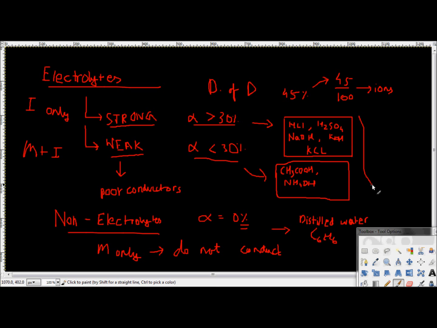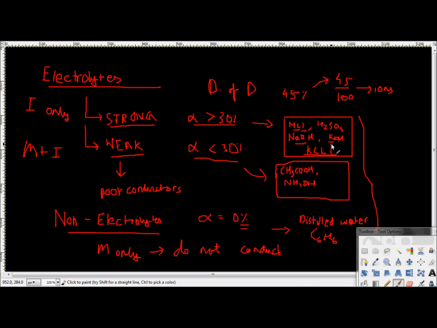So that's it for this section. Also, a few ways to remember this. Covalent compounds, most of them are non-electrolytes. Just remember that as a fact. And strong acids and bases, like NaOH and HCl, or salts that are derived from strong acids or bases, for example KCl, where the K is from a strong base and the Cl is from a strong acid, so you have a strong salt.